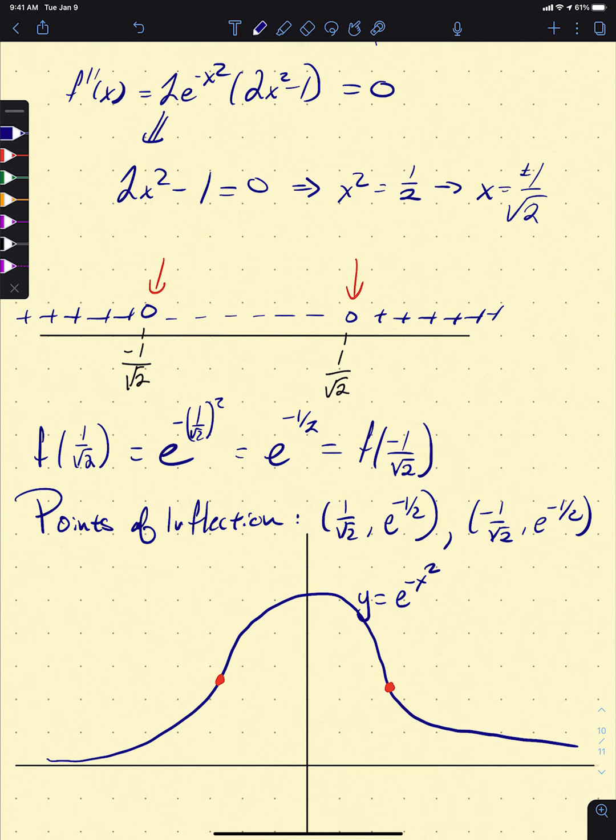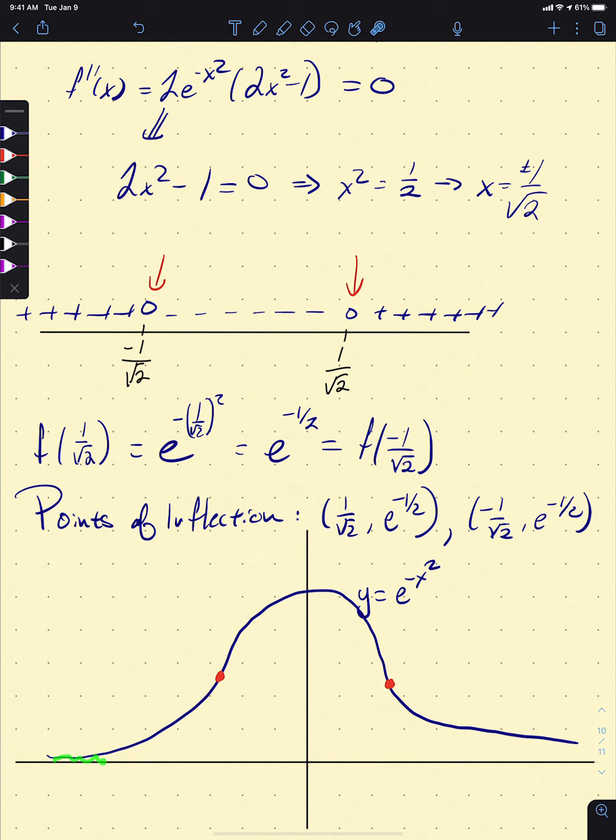If you were to take all of this area under the graph, and find some way, and we'll talk about some ways to do this here in a couple weeks, to add up all of this area, you actually get the square root of pi for that area, which is kind of cool.